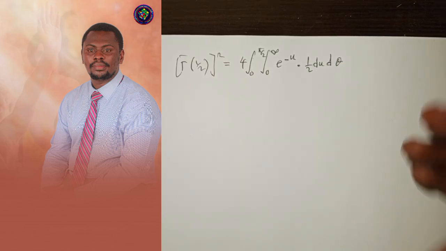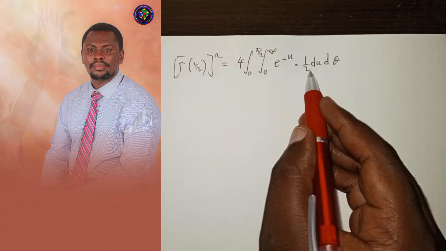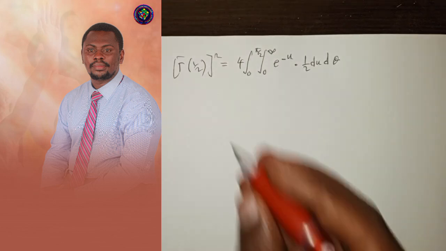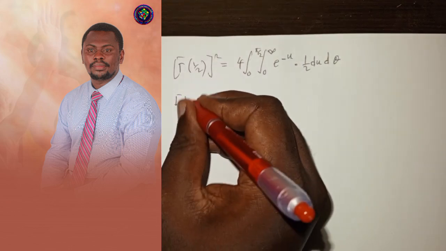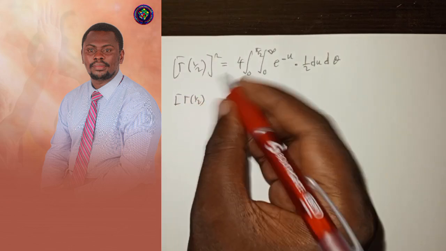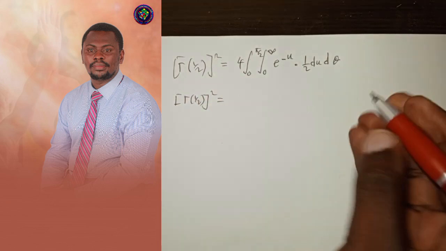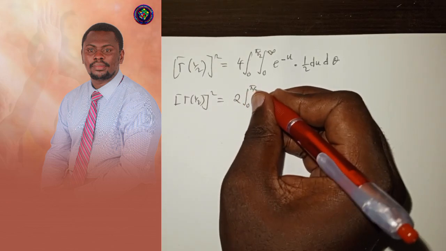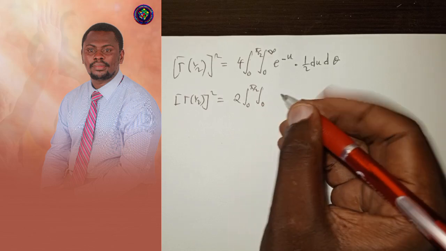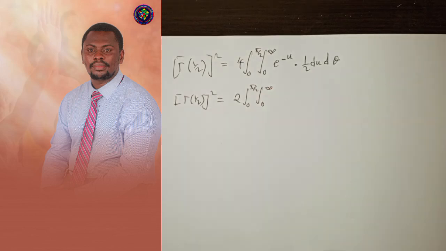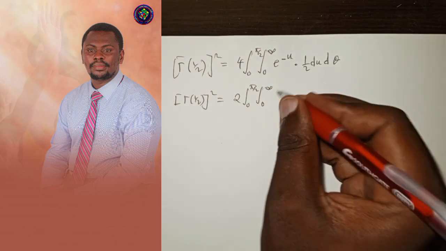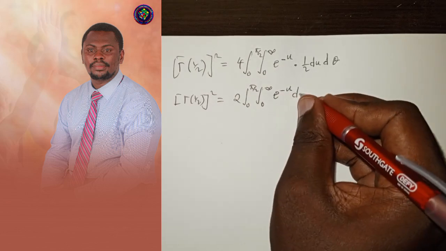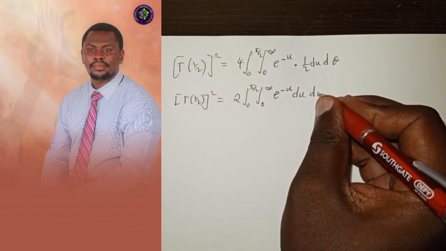Okay, so these two can go in 4, you get 2. So we are going to have gamma of 1 over 2 squared is equal to 2 integral from 0 to pi over 2, again integral from 0 to infinity of e to the minus u, then du d theta.